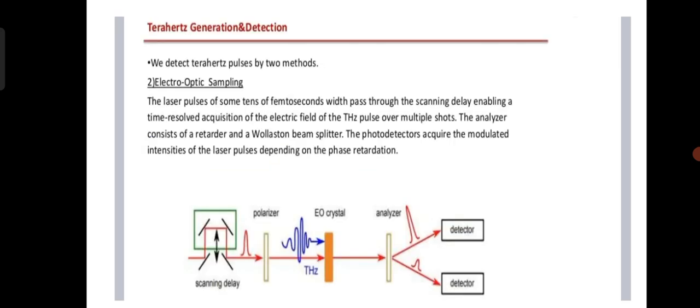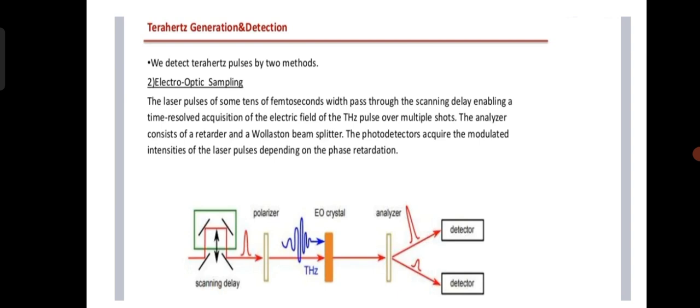Coming to the other technique, electro-optic sampling. The laser pulses of some tens of femtoseconds pass through the scanning delay, enabling a time-resolved acquisition of the electric field of the terahertz pulse over multiple shots. The analyzer consists of a retarder and a Wollaston beam splitter, and the photodetector acquires the modulated intensities of laser pulses depending on the phase retardation.